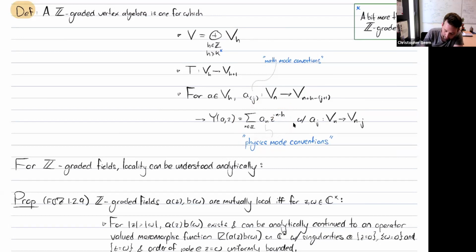So the difference is whether the subscripts have parentheses around them or not. And for these non-parenthetical moded endomorphisms, they act by decreasing the grade by j, where j is the subscript.